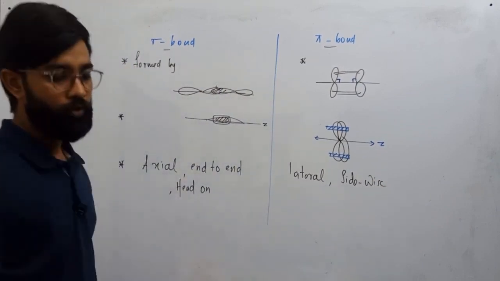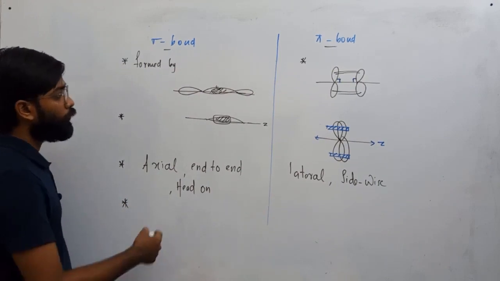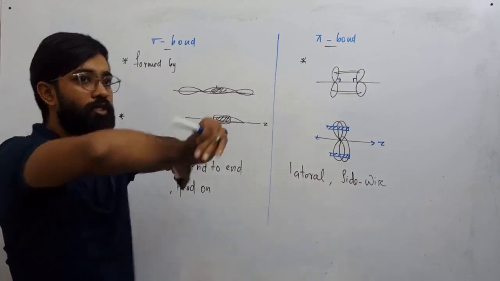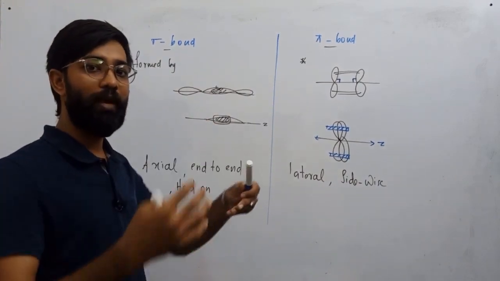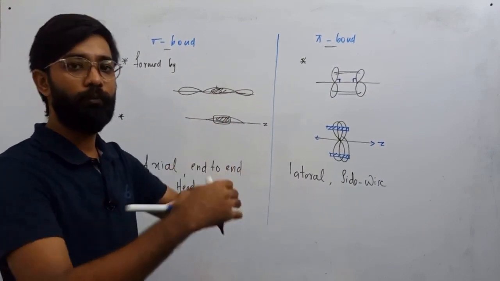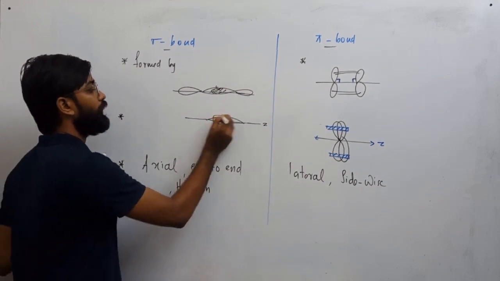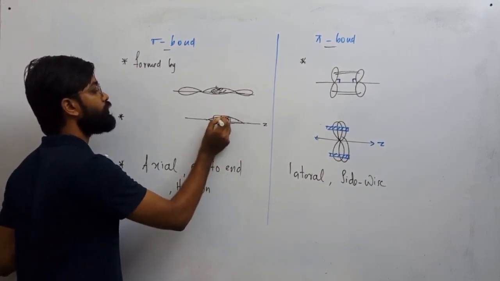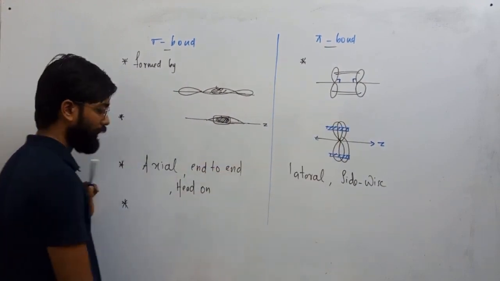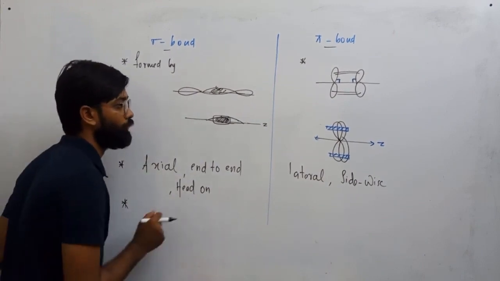What is the specialty here? Here there is a greater extent of overlapping, because the two orbitals overlap over a maximum distance. But here it is a relatively lesser extent of overlapping. So greater extent of overlapping, hence a strong bond.